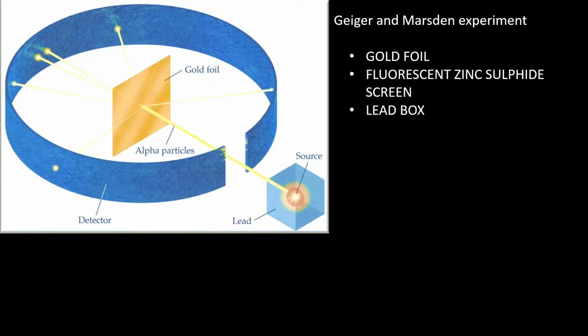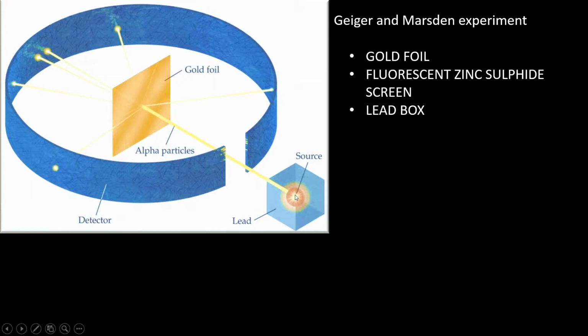We must remember this experiment was performed by Rutherford and his students Geiger and Marsden. The key components of this setup are the lead box, the fluorescent screen with a zinc sulfide coating, and the gold foil. The lead box holds the source of radioactive material.